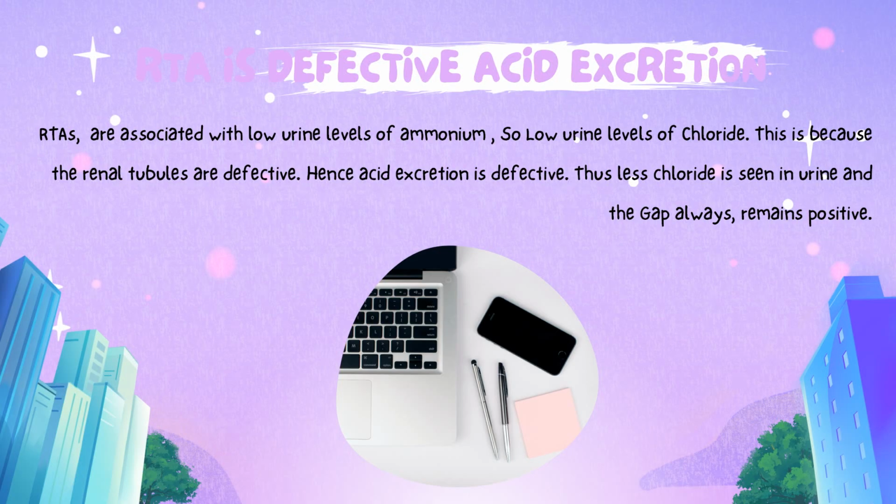That is why renal tubular acidosis, which is a defect in acid excretion, which is a defect in chloride excretion, will have less chloride and will always have a positive urinary anion gap.